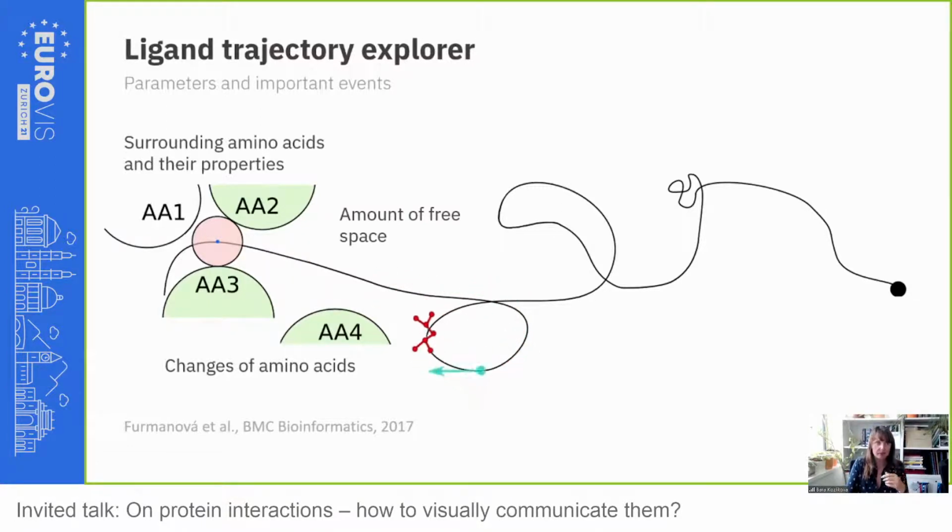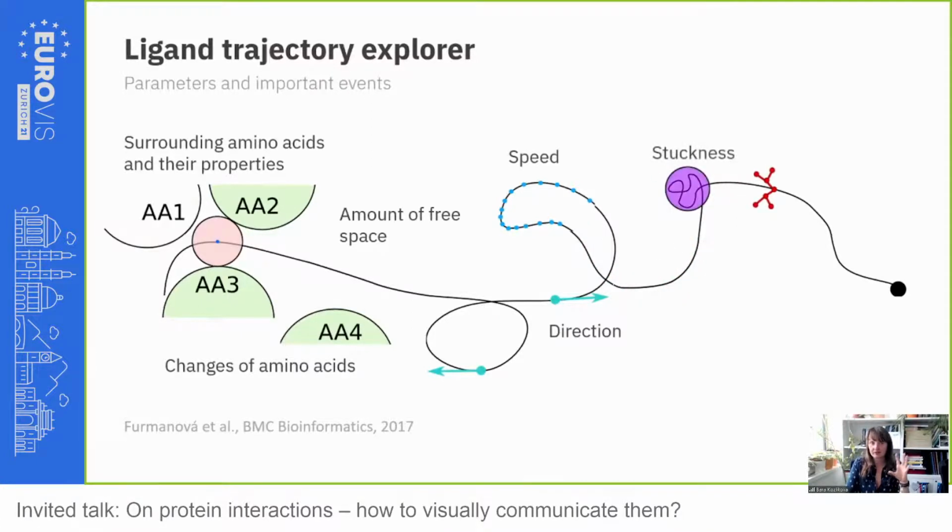There are some other properties, for example, the direction, whether the ligand is traveling towards the active site or vice versa towards the surface of the protein. Another parameter worth observing is the speed of the ligand, how fast it goes through certain parts of the trajectory.